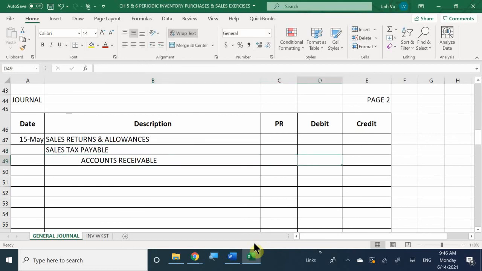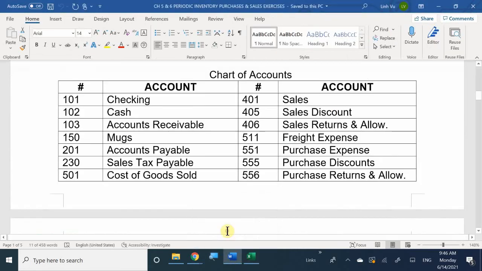So in this case, what account number is sales returns and allowances? 406. Sales returns and allowances is 406, okay?